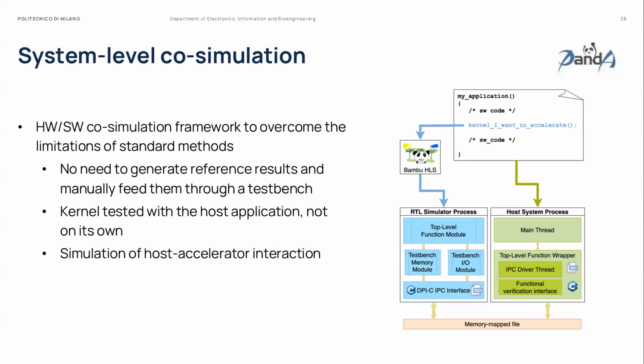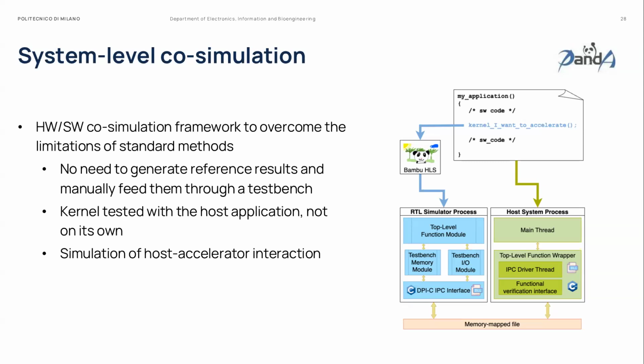And then we thought that we can change this. The framework that we have in place right now does something different. It can take the whole application where the kernel to be accelerated was selected, and then uses one process to run RTL simulation and a different process to run the host application. Bambu, together with generating the accelerator, generates a lot of glue logic and interfacing code to make this inter-process communication happen.